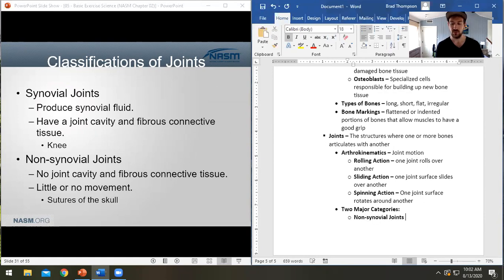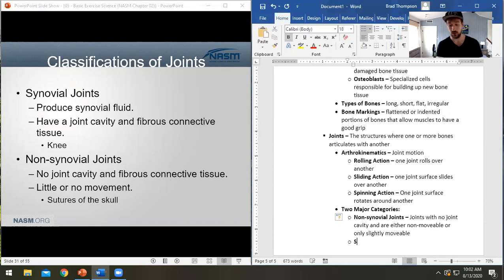Non-synovial joints are joints with no joint cavity and are either non-movable or only slightly movable. There are technically two categories within that, but we can just call them fibrous joints or cartilaginous joints. Either way, they're really not movable. Technically, cartilaginous joints are semi-movable, but we don't need three categories.